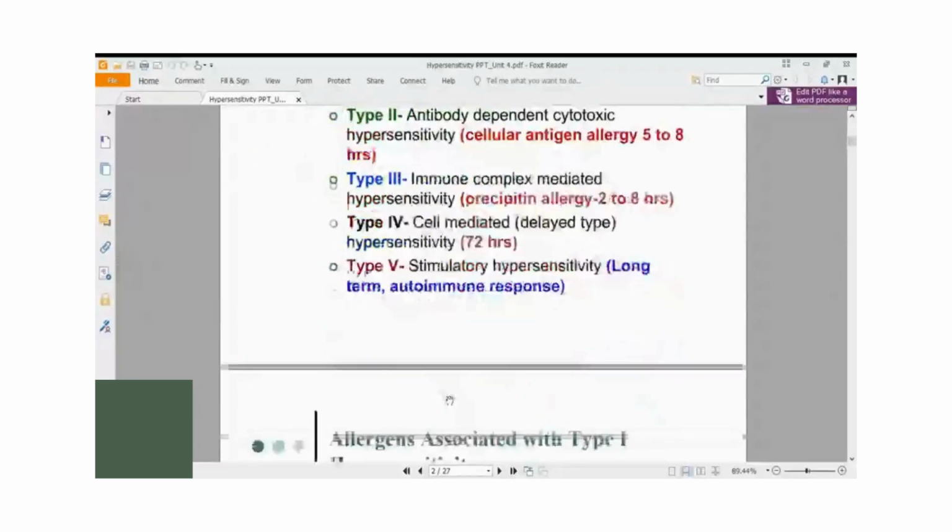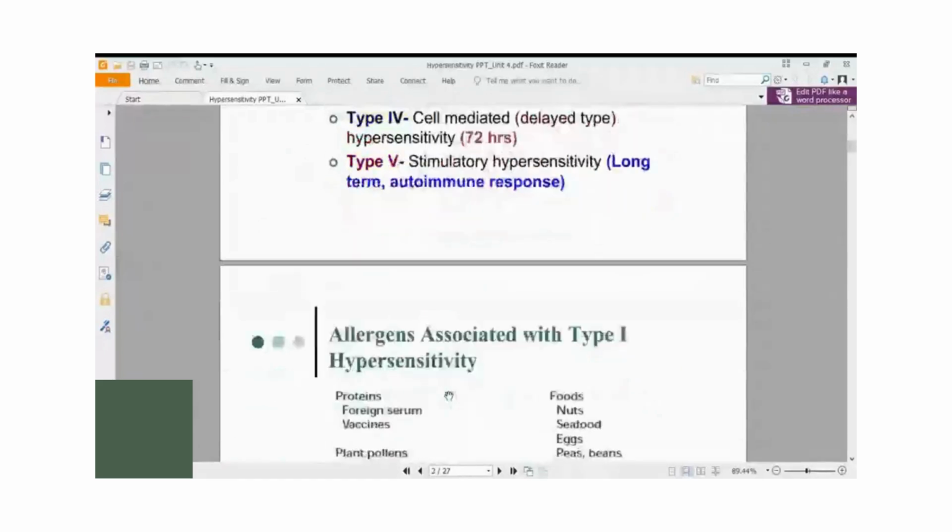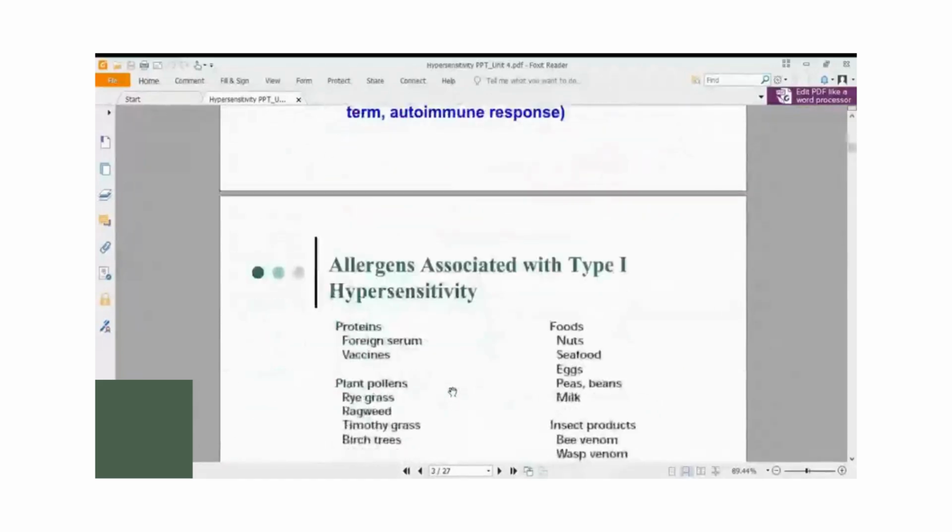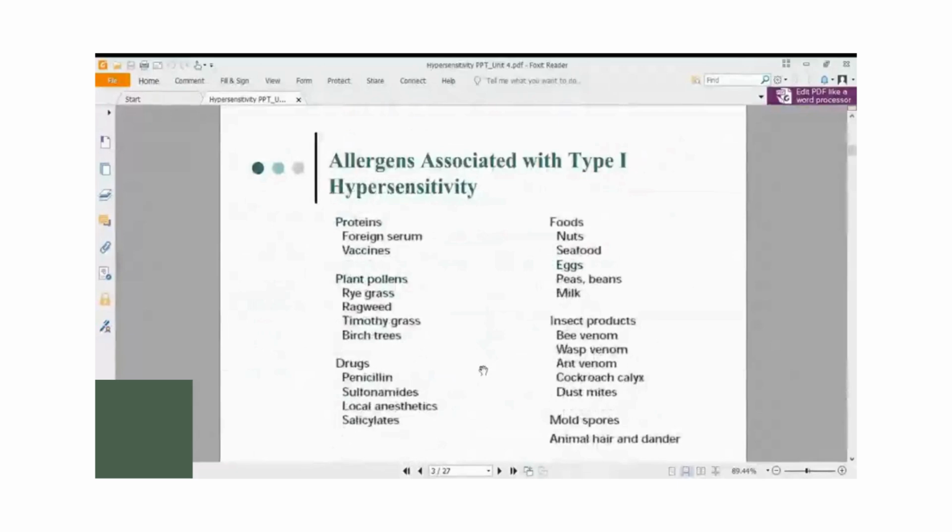Okay, now we will take first the type 1 hypersensitivity. The type 1 hypersensitivity is caused by the following allergens or antigens. The proteins could be the vaccines that are administered, or foreign serum, which is nothing but the antivenom, or proteins of bacterial or viral origin.